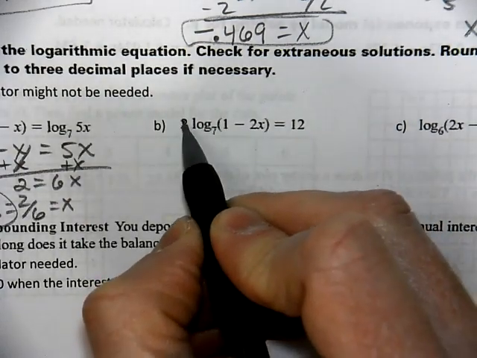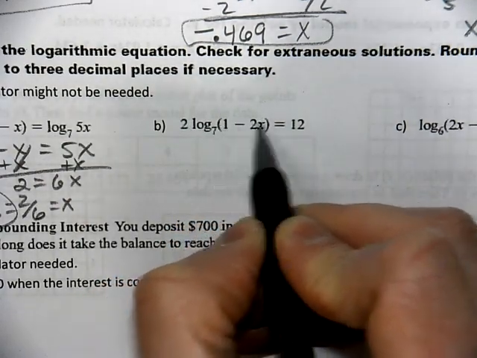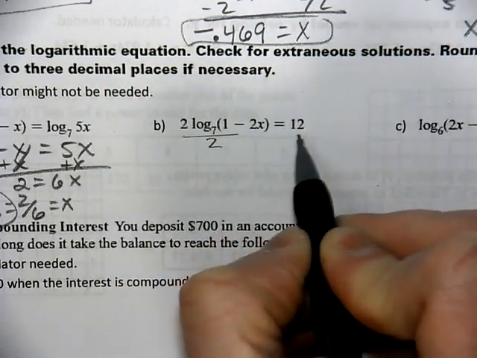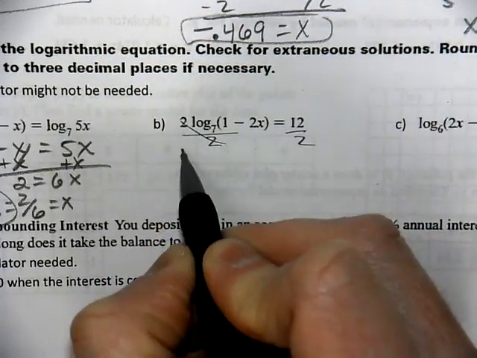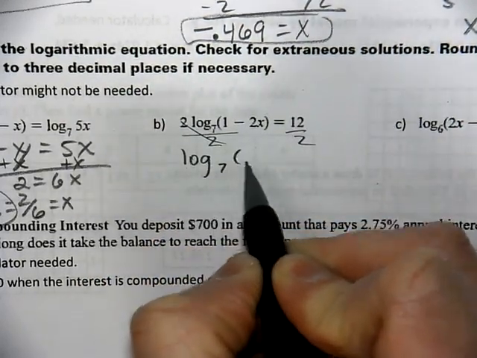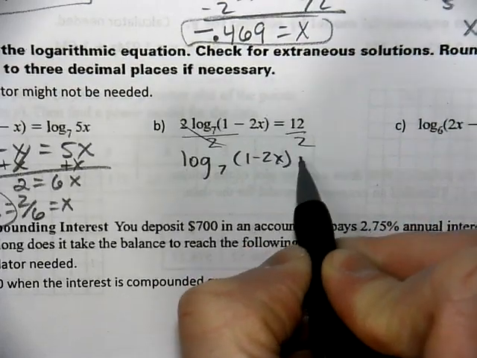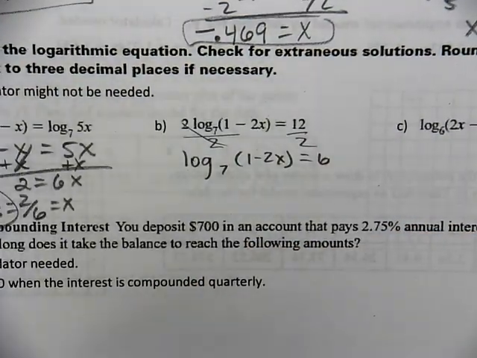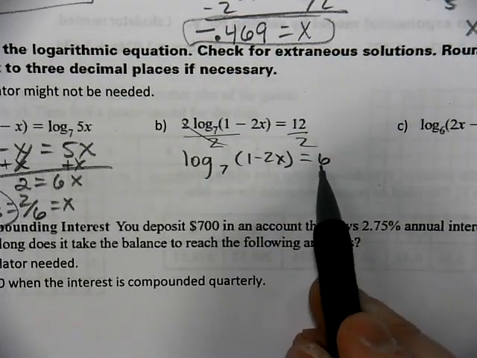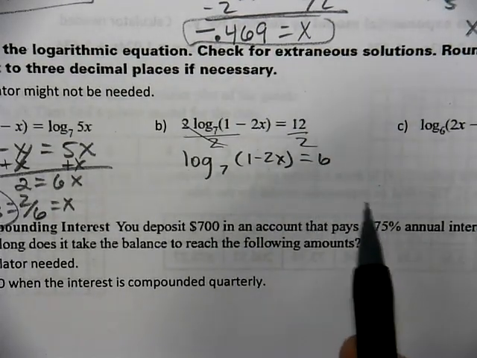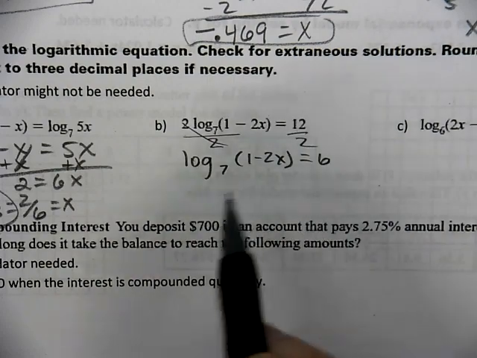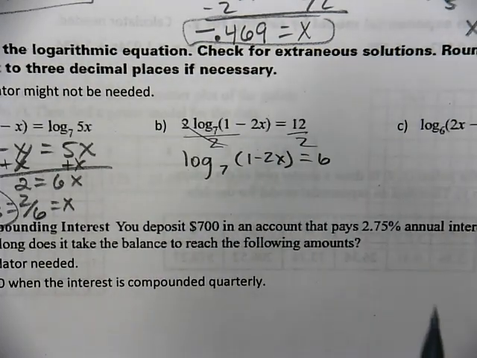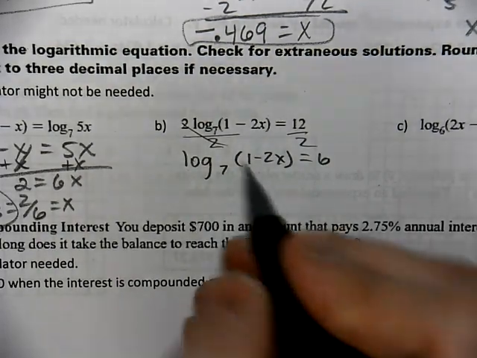So here, some people might think about putting the 2 on top of the parentheses. I would suggest just dividing by the 2. Now we have a logarithm, and the logarithm equals 6. It doesn't equal a variable, so we know what the logarithm equals. That means we know what the exponent is, because a logarithm equals the exponent.